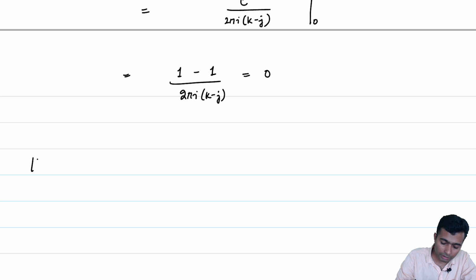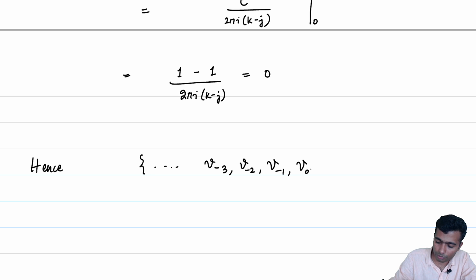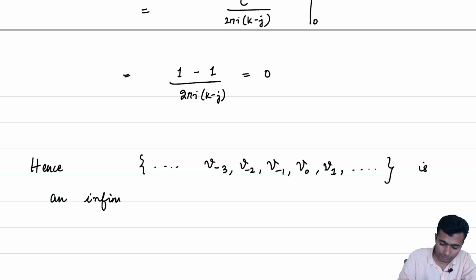So hence the collection v minus 3, v minus 2, v minus 1, v0, v1 and so on is an infinite collection of orthonormal vectors.